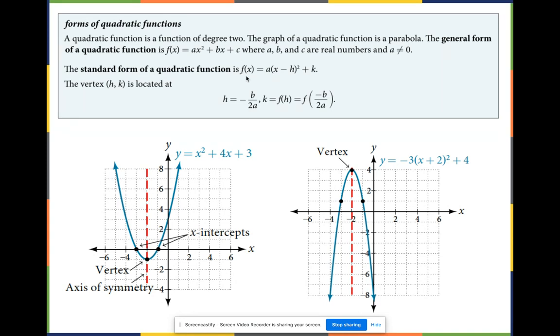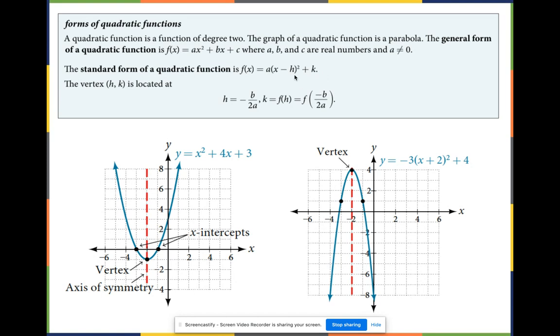And then there's something called the standard form. Okay, we've just rearranged the equation to be in this form. f(x) equals a times (x minus h) squared plus k. All right, and why is this useful? Well, if our toolkit function, our parent function, our base function is f(x) equals x squared, we can use what we know about transformations to look at this and know exactly what it's going to look like.